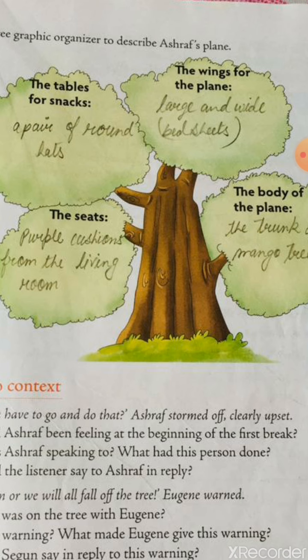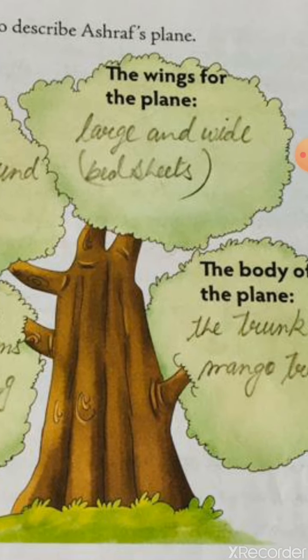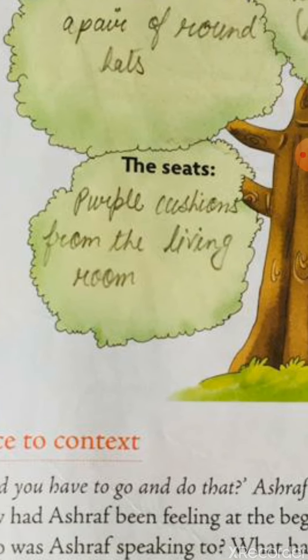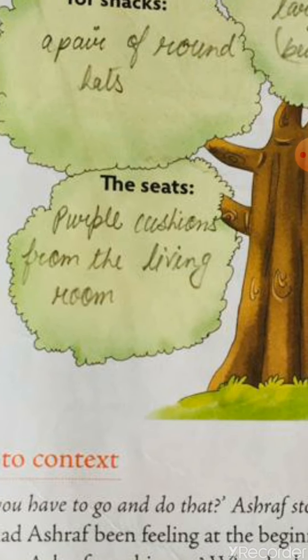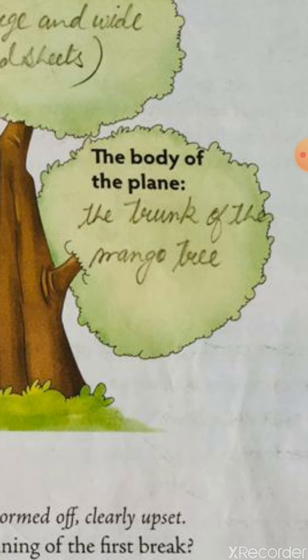So the tables for snacks, a pair of round heads you have to write here. Next, the wings for the plane, so here you have to write large and wide bed sheets. Next, third one, the seats, purple cushions from the living room. And then last one, the body of the plane, the trunk of the mango tree. So this you have to fill in your book only.